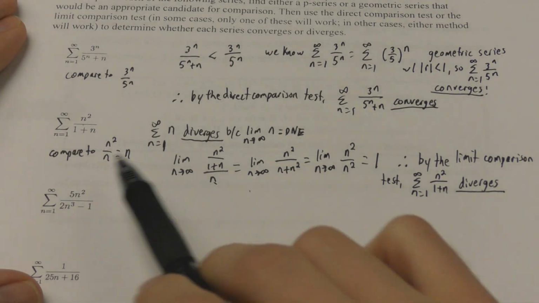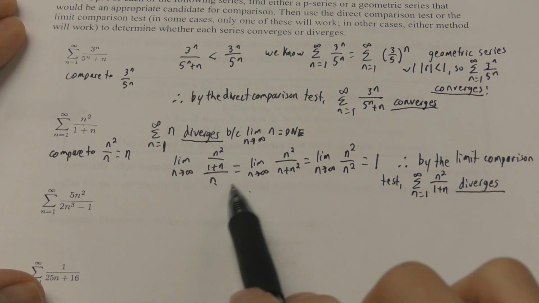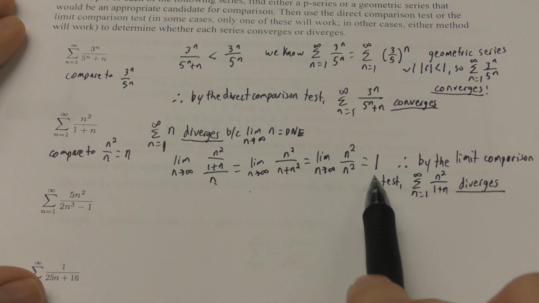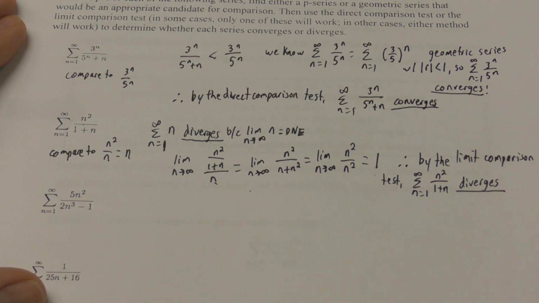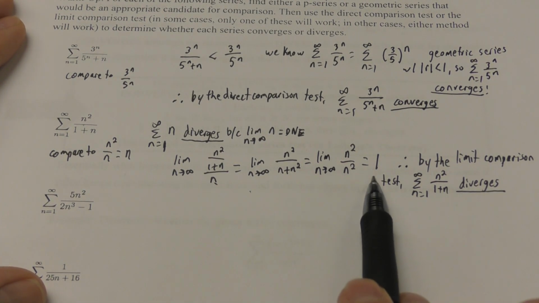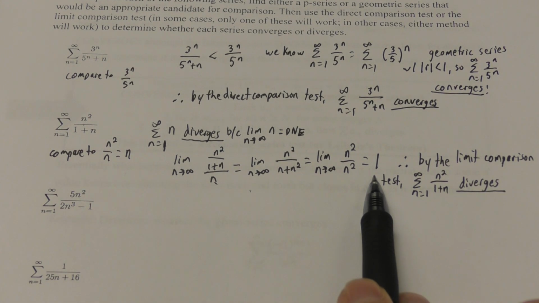Why? Because the thing I'm comparing it to I knew diverged. I did my limit comparison steps and got a number between 0 and infinity. So by limit comparison test, my series I'm comparing it to diverges also. They do the same thing if you get a number between 0 and infinity, not including 0, not including infinity.